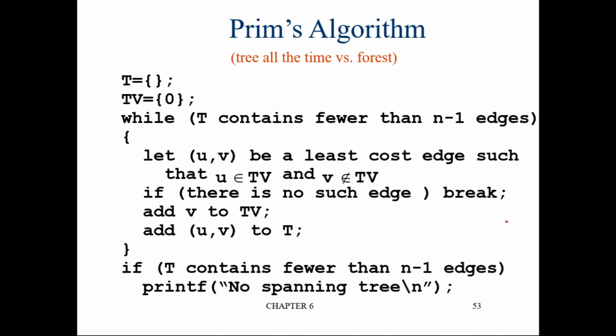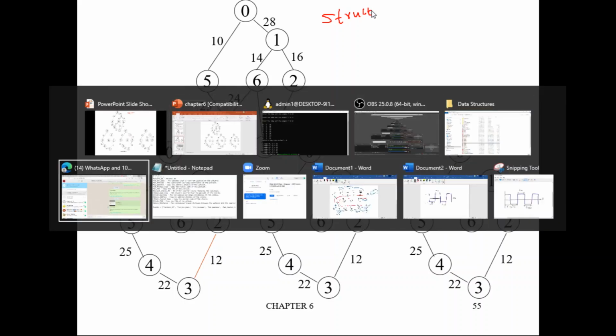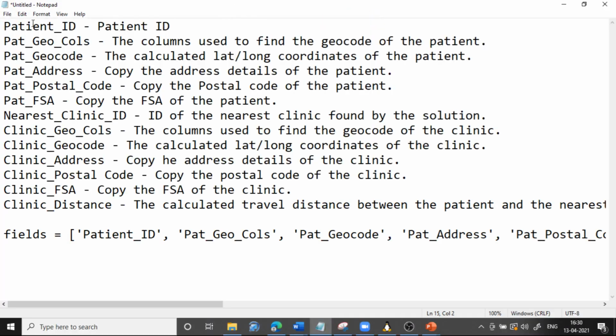See, in Kruskal's algorithm, if you recall, we have used a structure. The name of the structure is edges. Okay, we have used a structure. If possible, I will take the notepad. Yeah, we have used a structure, the name of the structure is edges.